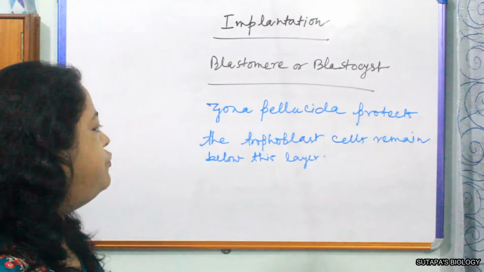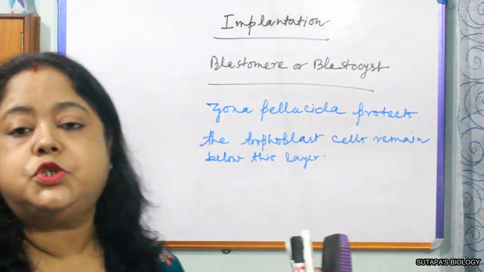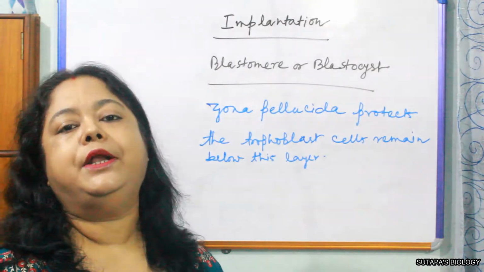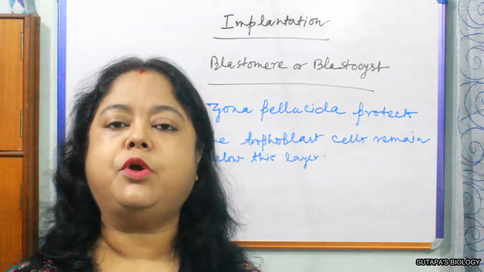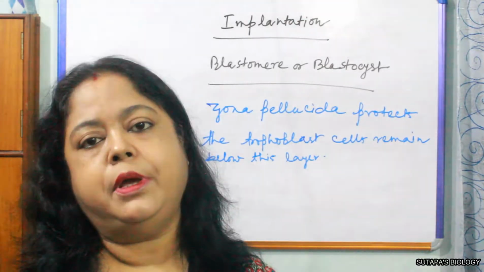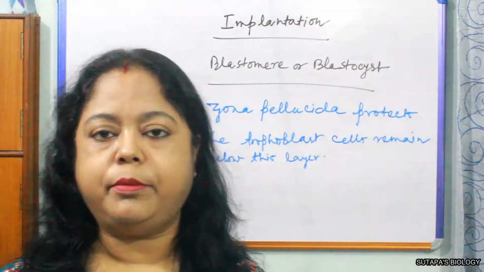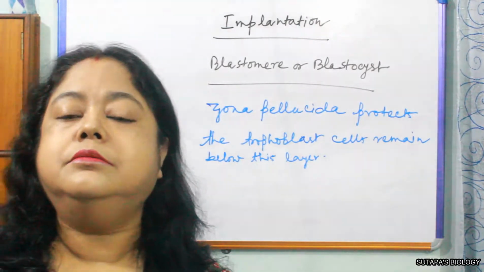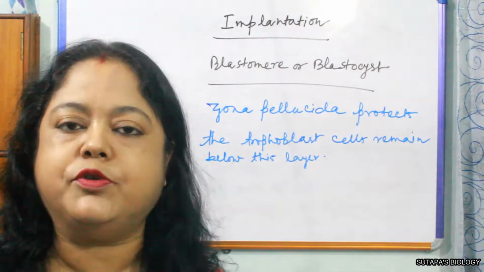So zona pellucida protects the trophoblast cell layer, and the developing embryo will trickle down through the fallopian tube and reach the uterus. When it comes in contact with the endometrium, that time the trophoblast cell will be exposed by the rupturing of the zona pellucida.